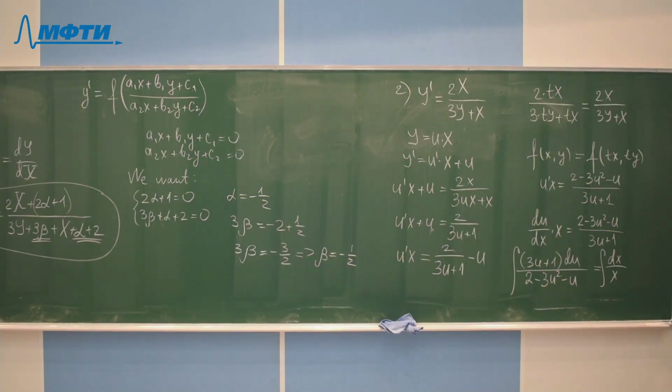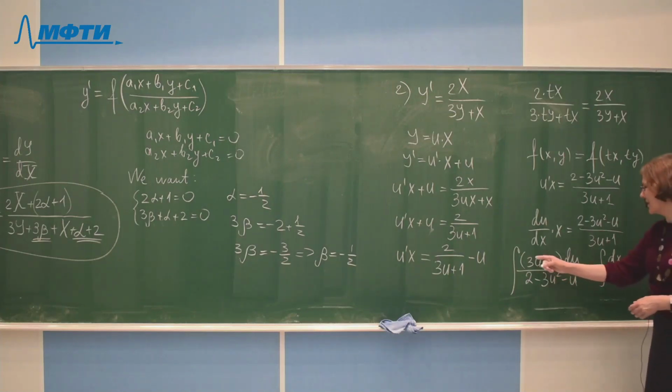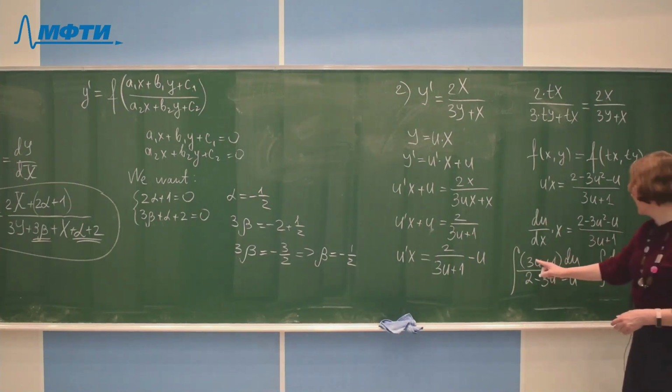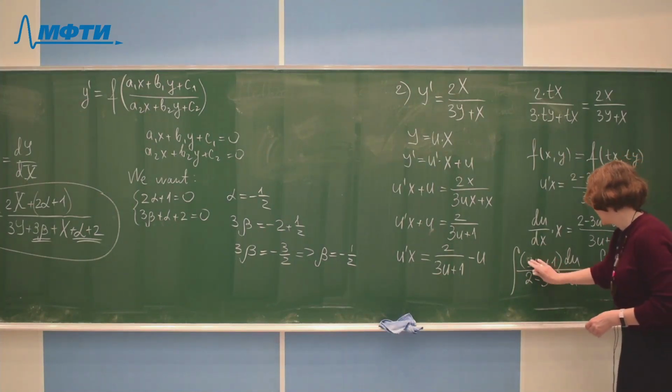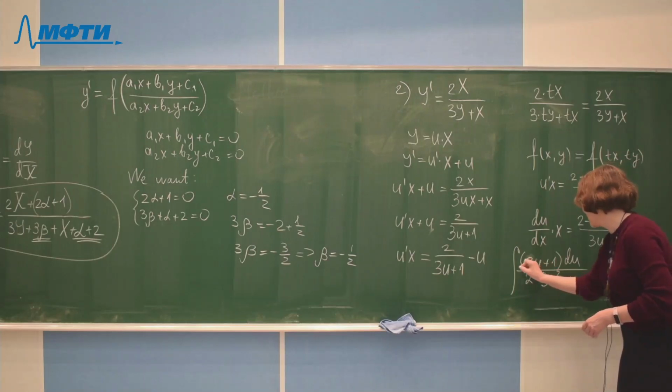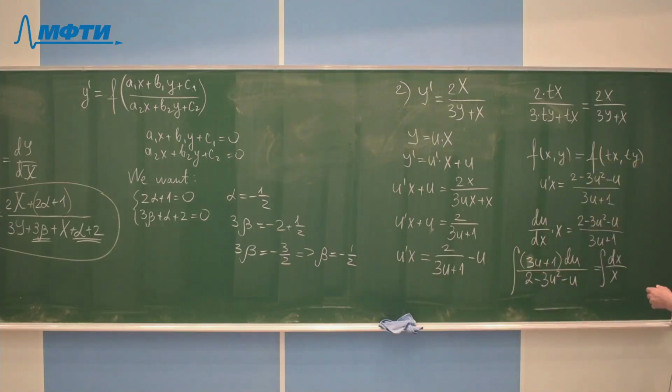Is there another way to solve it? No. So it's okay. It seems to me that if we had 6u, it would be more convenient to solve. But maybe it's okay. I think it's right. Well, now let's solve it.